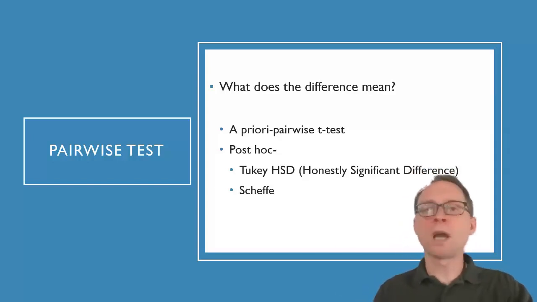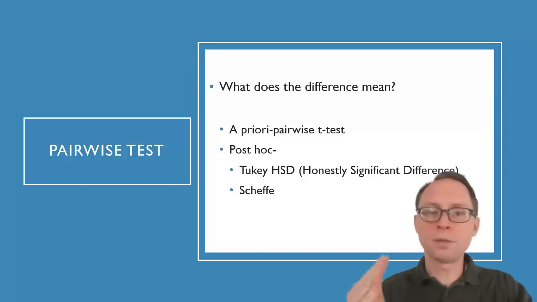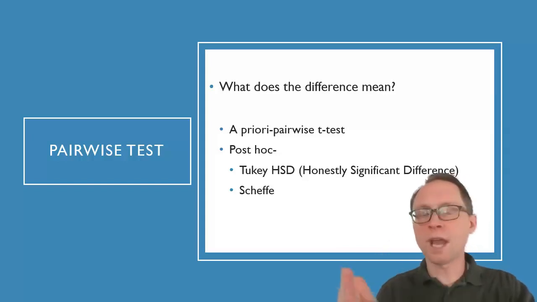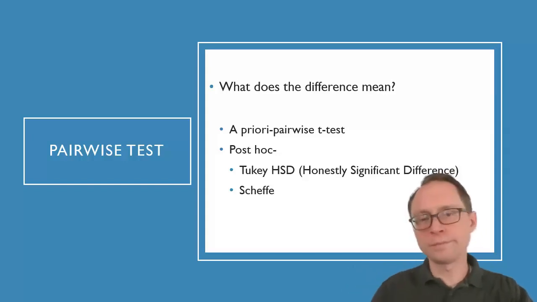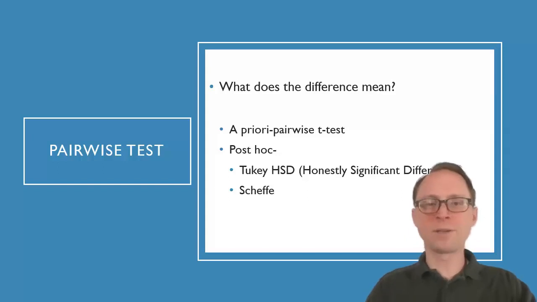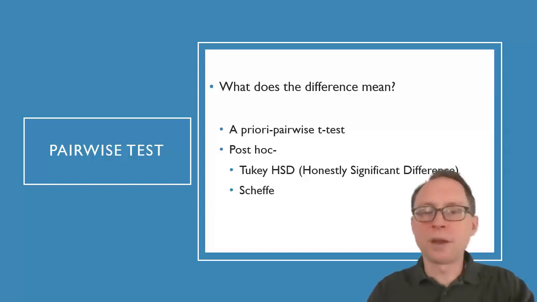A priori means I was planning to do this before I did the test at all, and post hoc means I would have done this after I saw the results and wasn't really planning on it. Those get philosophically important, but for us, they're a little bit esoteric. So what we're going to learn today are a pairwise T-test and a Tukey HSD.